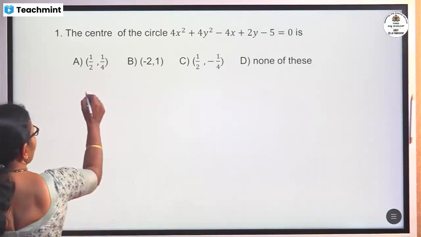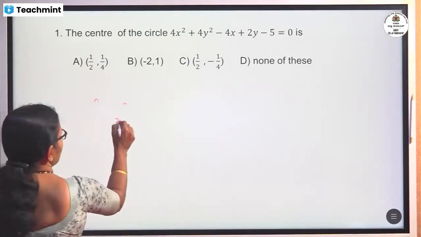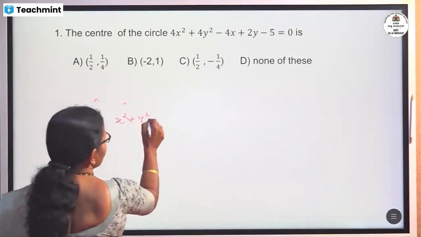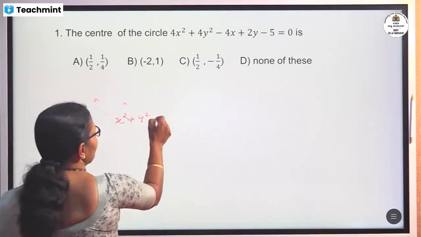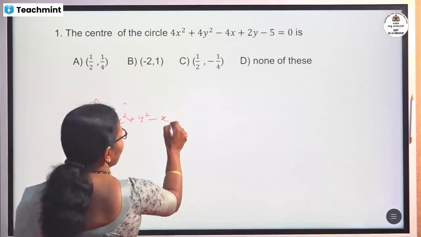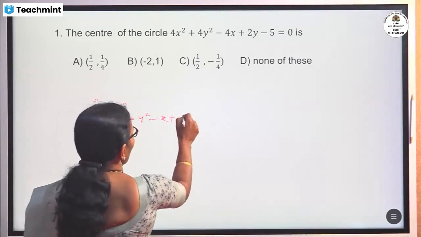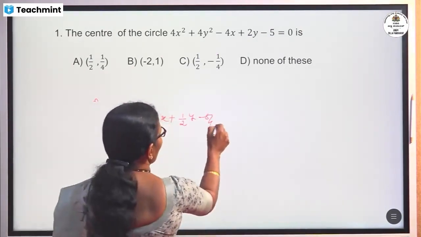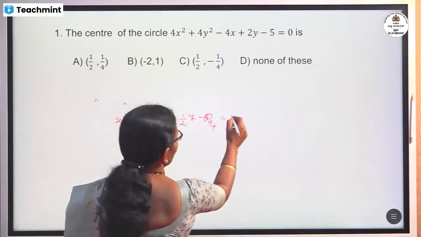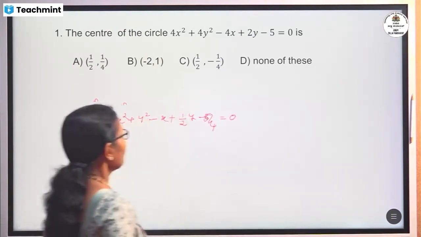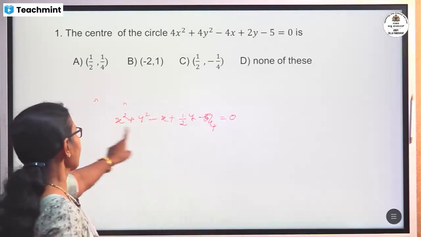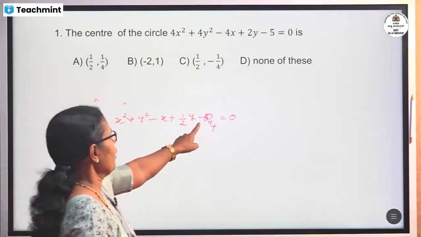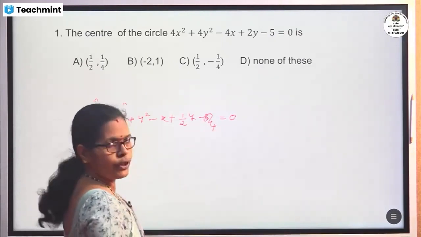When we divide by 4, then we get x square plus y square minus x plus 1 by 2 y minus 5 by 4 is equal to 0.